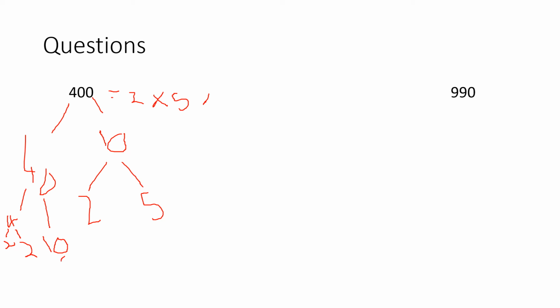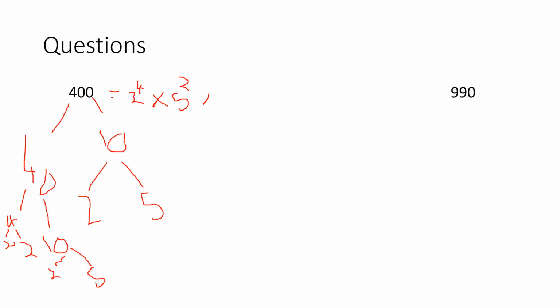And then if we split up 10, we get 2 and we get a 5. And so in total we have 2 times 2 times 2 times 2 times 5 times 5. Now this could be written as 2 to the power of 4 times 5 squared. Now that's the answer for 400.